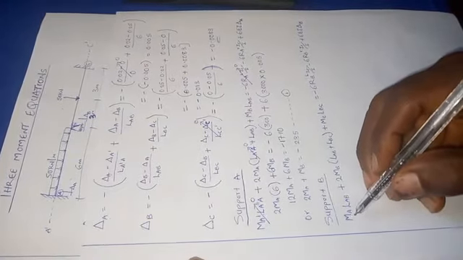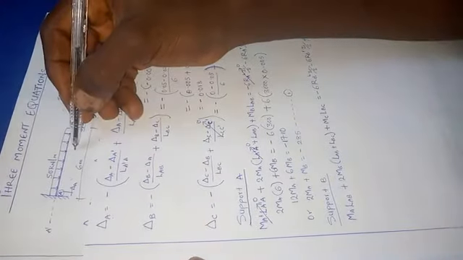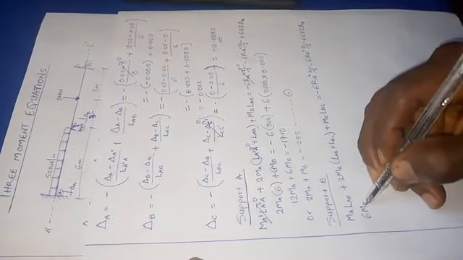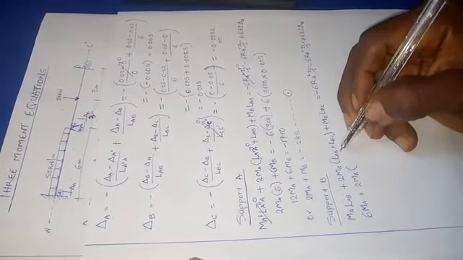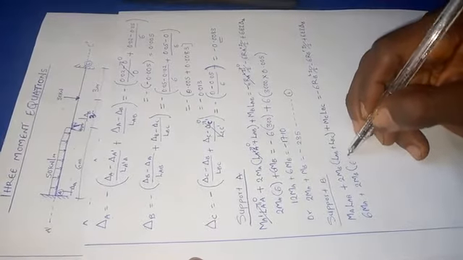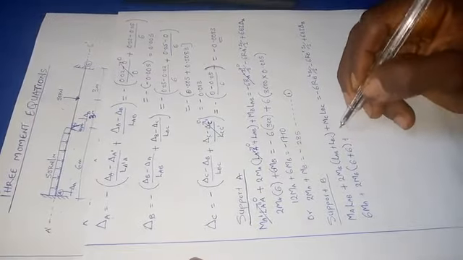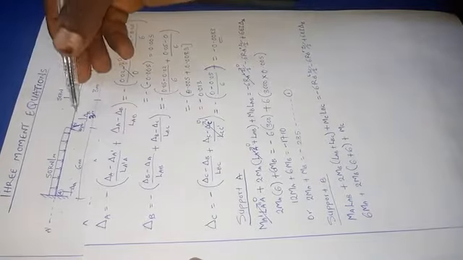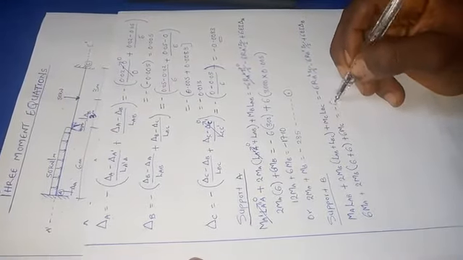So when I substitute inside this formula, my moment at A will be existing, so I need to find that, and the length of AB is 6 from my question. So I have 6 MA plus 2 moment at B multiplied by the length of AB, which is 6, plus the length of BC, which is still 6. So I have this plus moment at C multiplied by the length of B to C, which is 6, then equal to minus 6 in bracket.